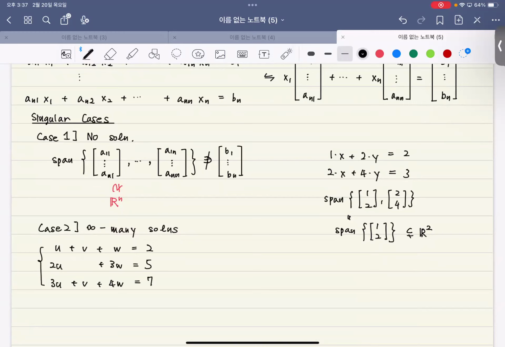Okay, interesting. I have 3 unknowns and 3 equations. So typically, I should expect to be able to pinpoint one exact solution from the system. But in this case, no. Why? Because just try to add the first equation to the second equation.